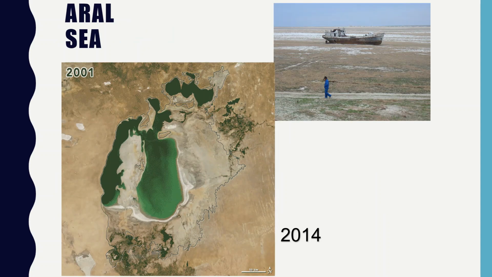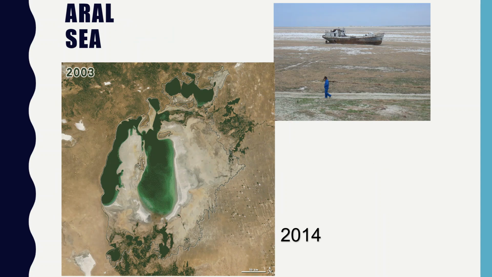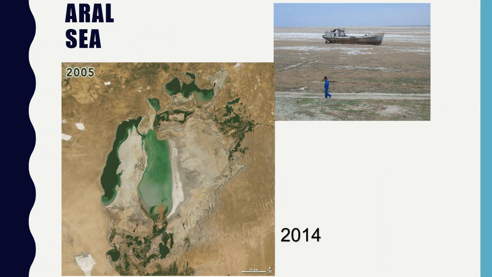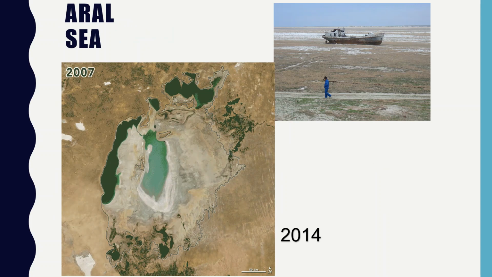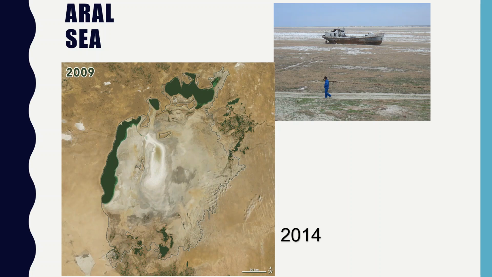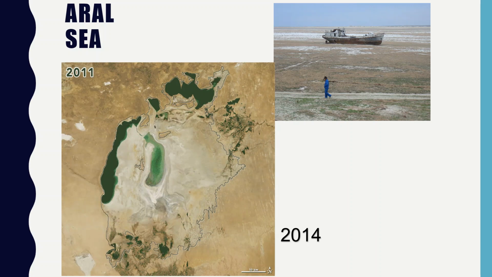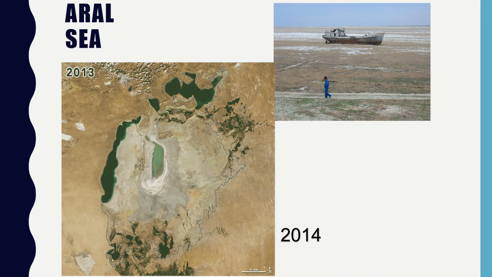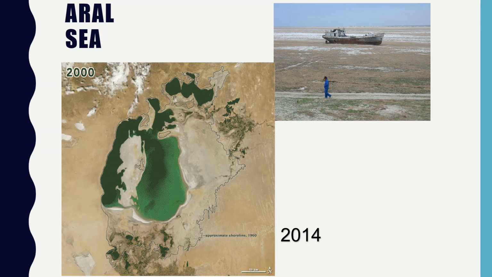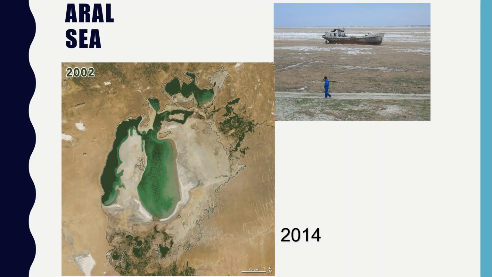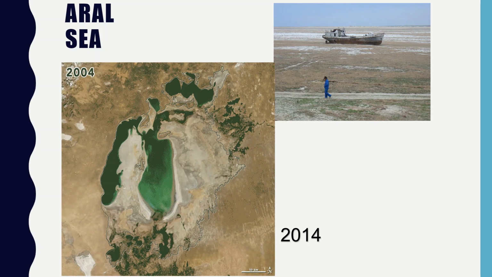This is the Aral Sea. The Aral Sea was an inland sea, kind of like the Great Salt Lake. There was a vibrant fishing industry there. And what happened is they started diverting water off of it to grow cotton. There's not a lot of rain here, but there's a lot of sunshine.